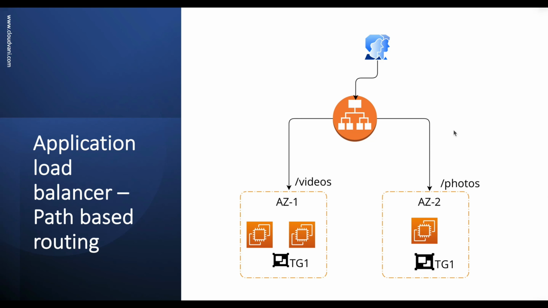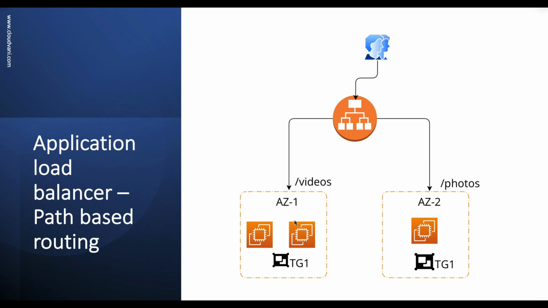For example, if you see the screen, /videos is configured from 2 EC2 instances. So the load balancer can send traffic to either one of these instances whenever a user tries to access /videos. And you can also specify how much traffic EC2 1 can take and the other instance can take.